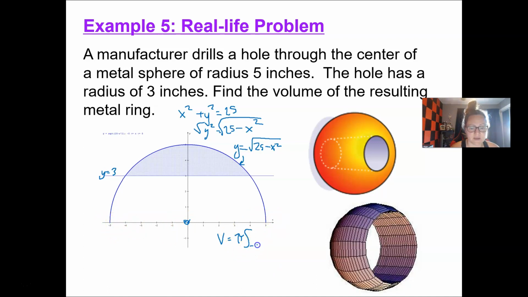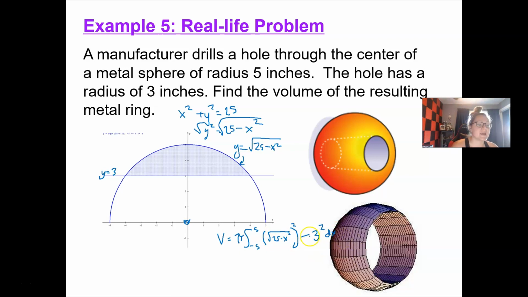So from -5 to 5 of my outer function squared, 25 minus x squared, outer function squared minus my inner function squared. And then this is all with respect to x.